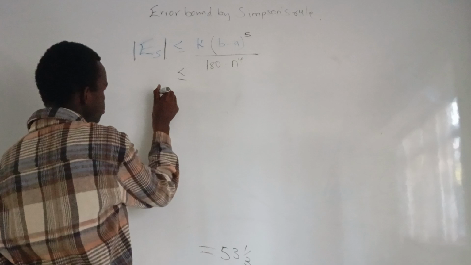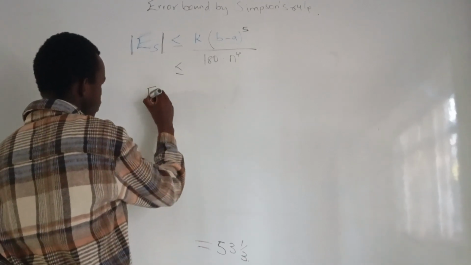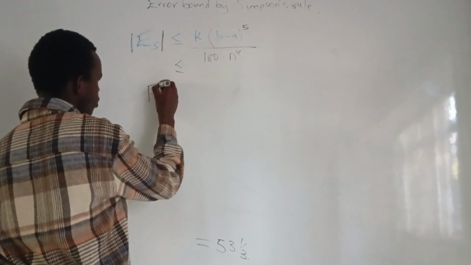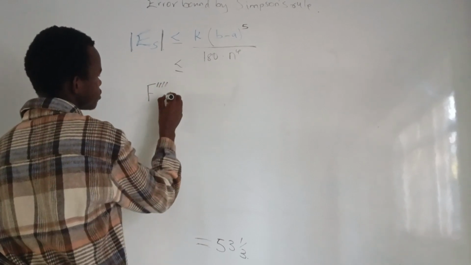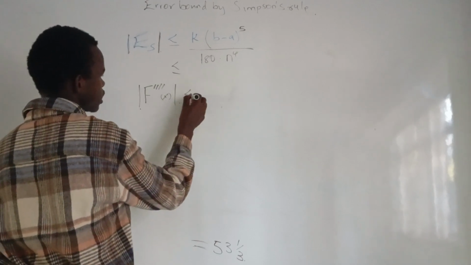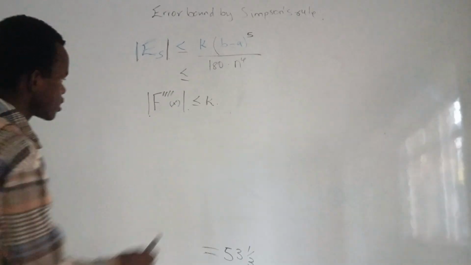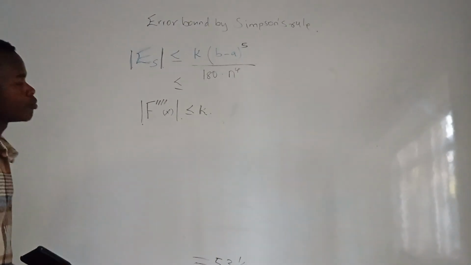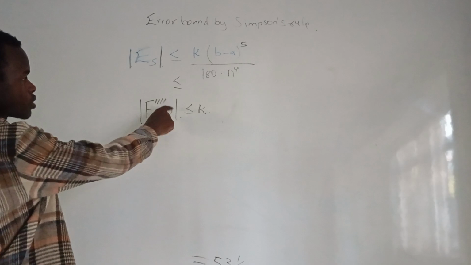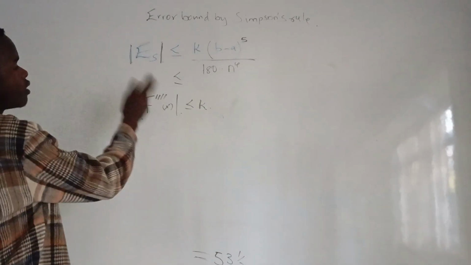Our k is found by the absolute value of the 4th derivative of x being less or equal to k. This is how we find our k. It's different from midpoint and Simpson's: here it's the 2nd derivative, here it will be the 4th derivative.